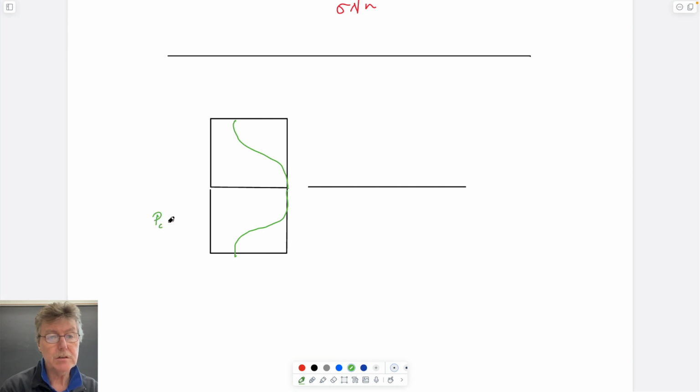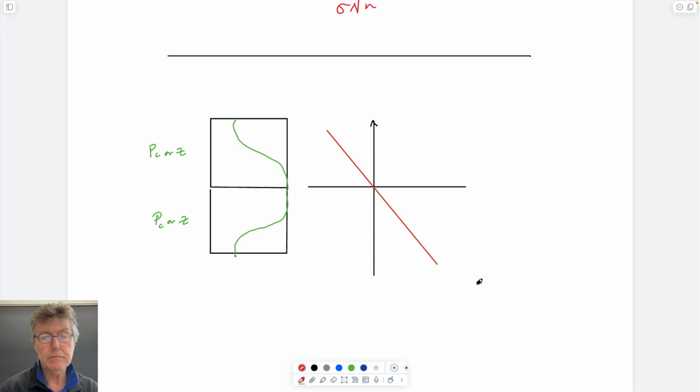This is capillary pressure or elevation in both of them. This was elevation, and I can't remember, it was red, the water. This is pressure, and we talked about two different fluids.